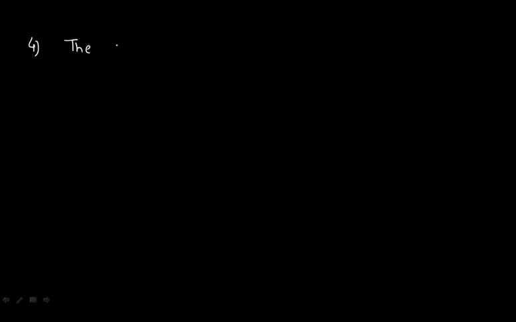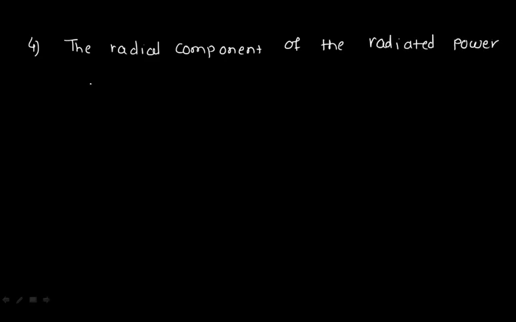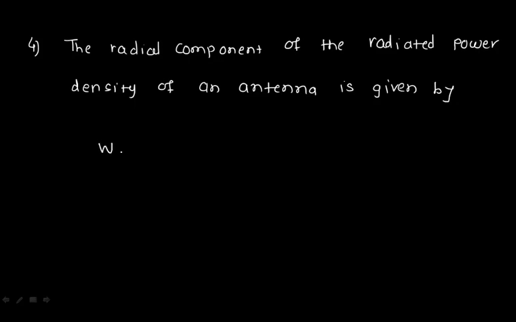The radial component of the radiated power density of an antenna is given by W equals A0 times the unit radial vector, sine of theta, divided by r square.